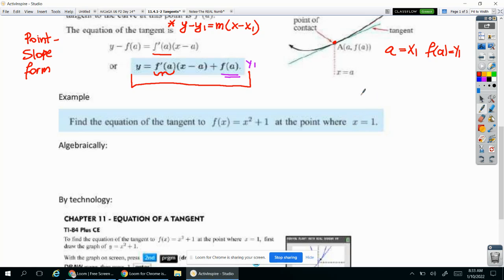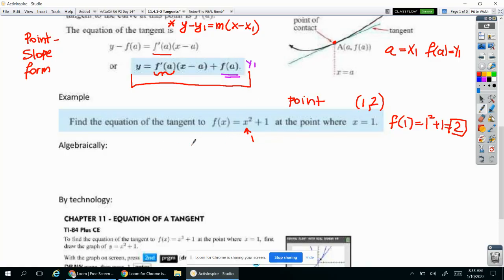We already have the x coordinate, x is 1. Now to find y, all you need to do is plug in 1 right here for x. So it will be f of 1 equals 1 squared plus 1, which is 2. So our y-coordinate is 2. So this is the point of contact with the tangent.